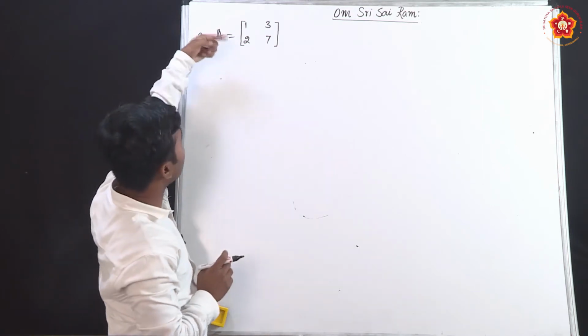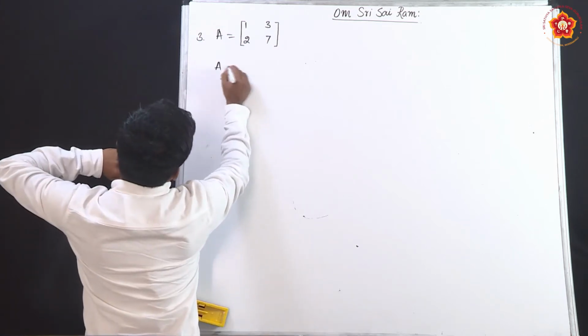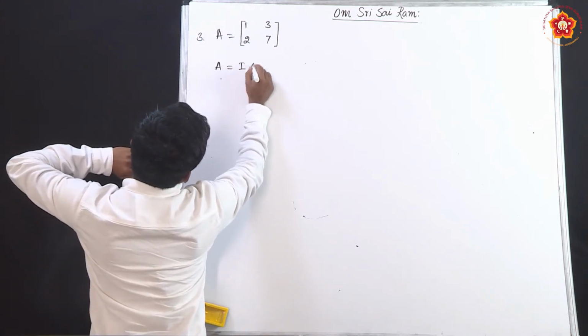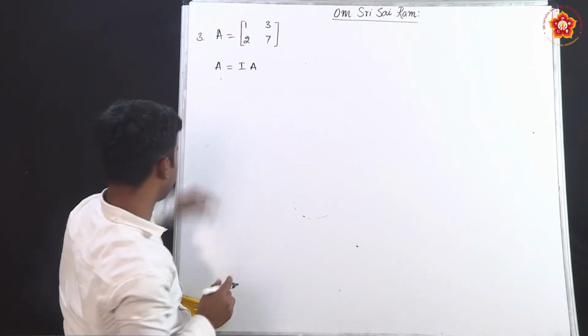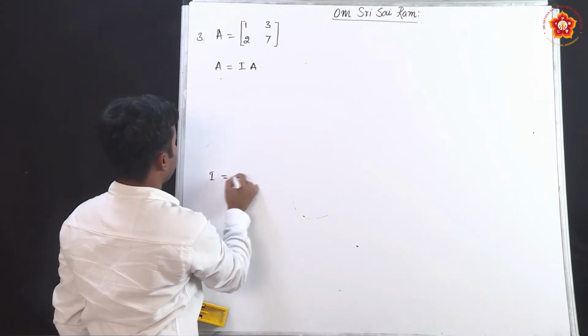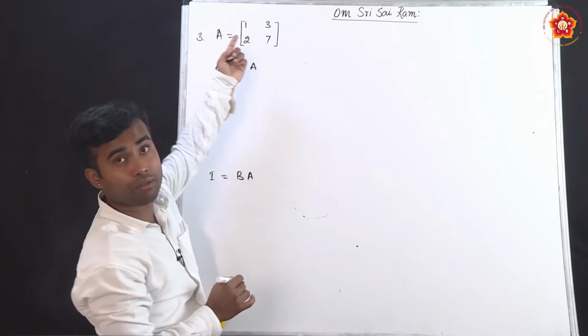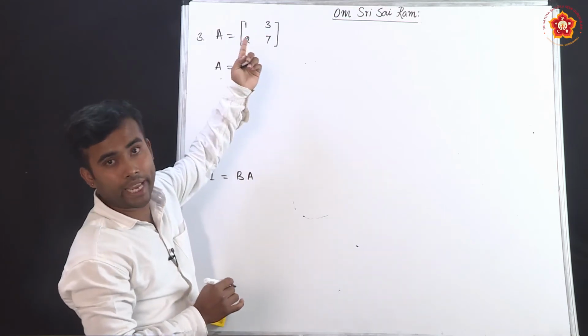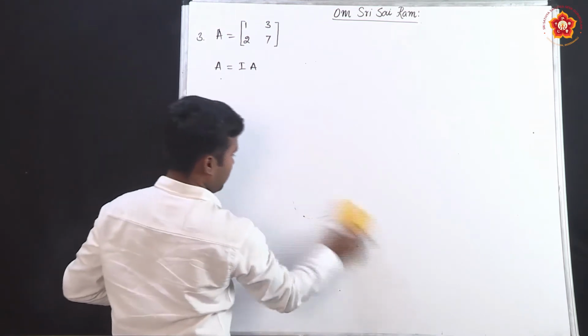See, while using row transformation, we know that A is equal to I A, and we keep on applying the row transformation till we get I is equal to B A, where matrix B becomes inverse matrix of A. Understand? So, that we already discussed.